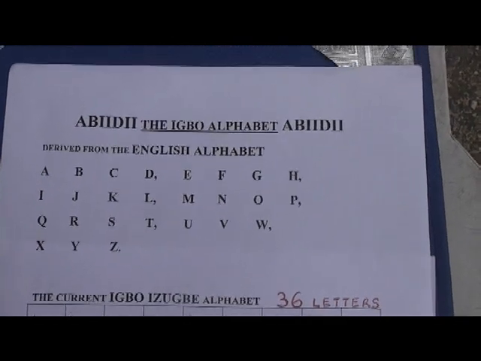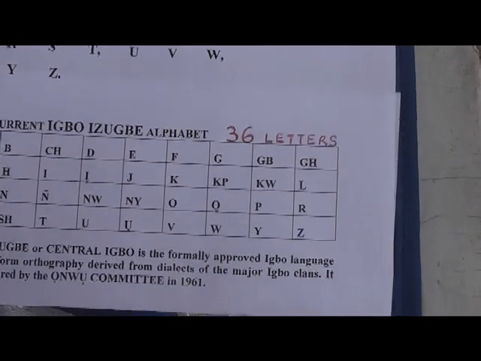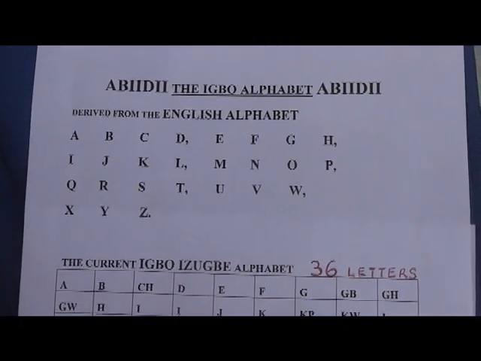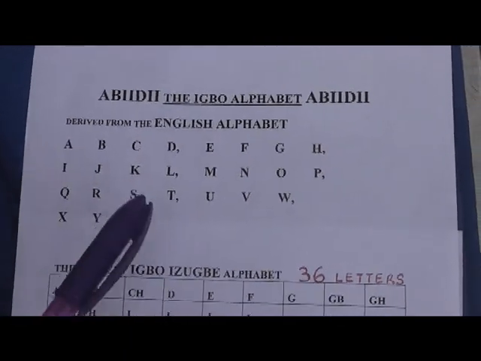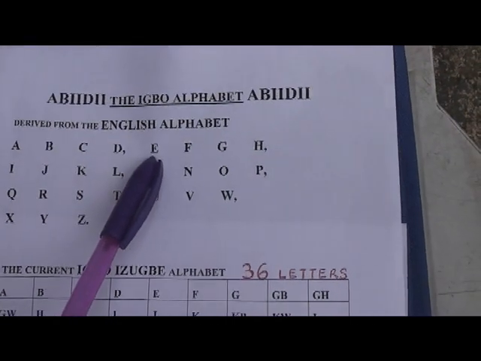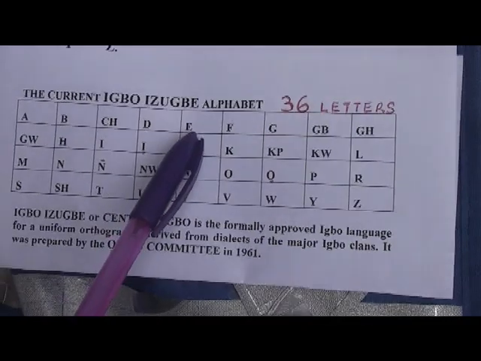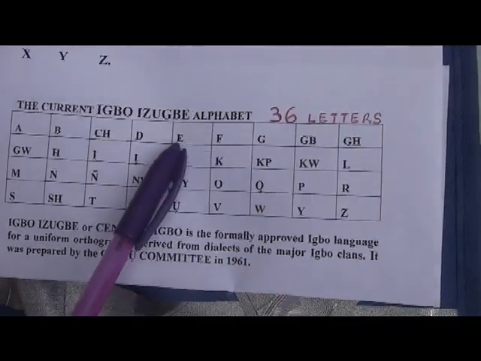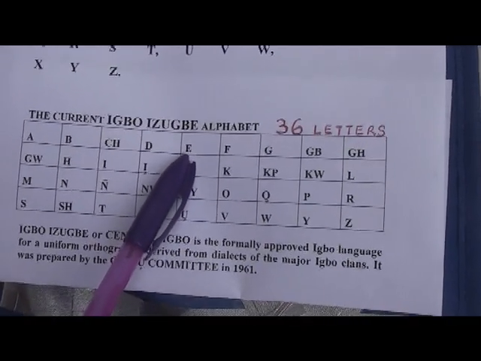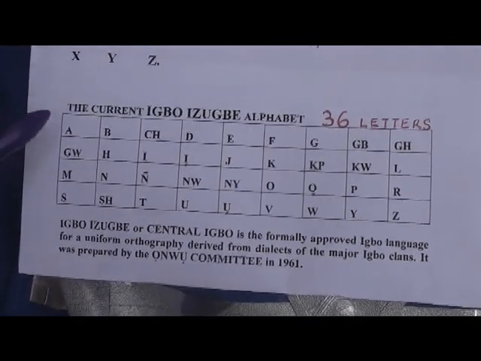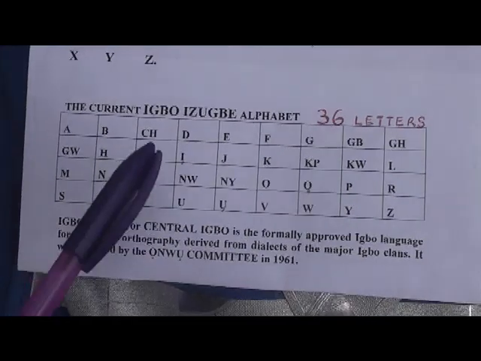For example, Igbo language we pronounce A, while English you say A for this one. English we call this E, but in Igbo language we shall say A. Don't make the mistake of saying E. No. Don't make the mistake of saying A. This is A.